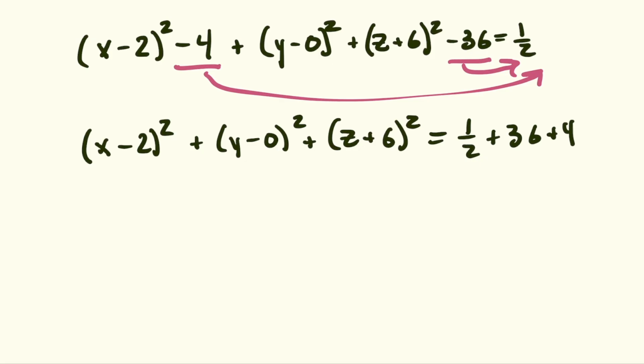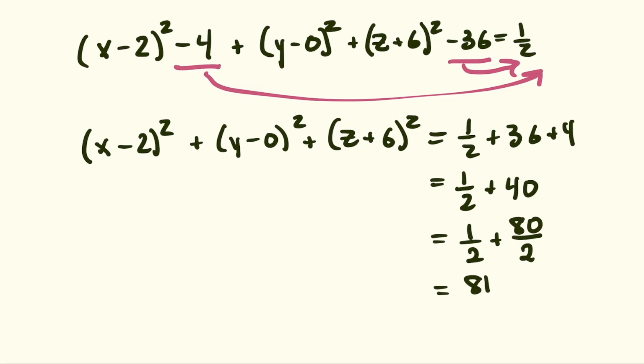And I'm just going to do a little bit of math here on the side. 36 plus 4 is 40. And 40, if we get our common denominator, is going to be 80. So that's going to give us 81 over 2. In other words, 9 squared over 2.